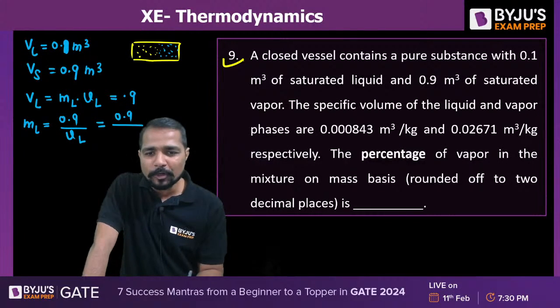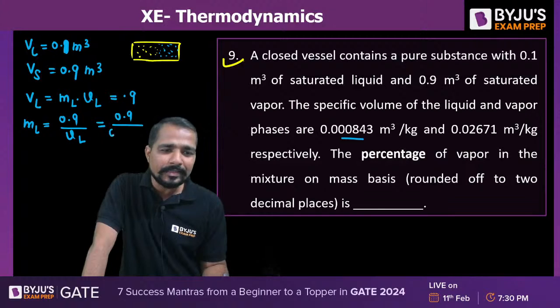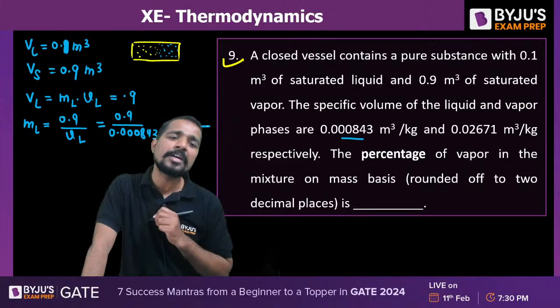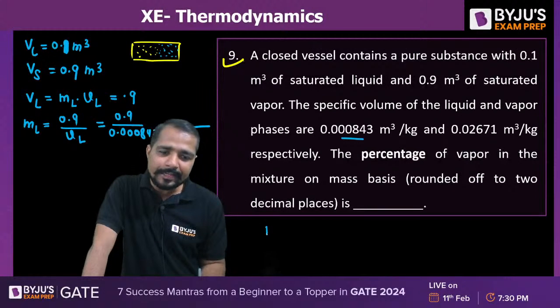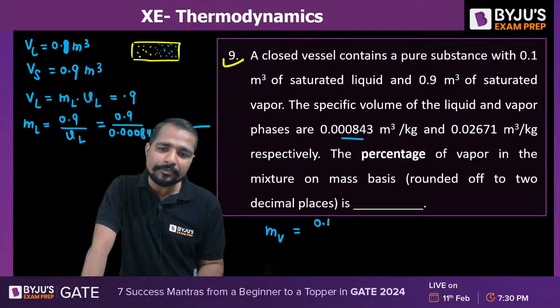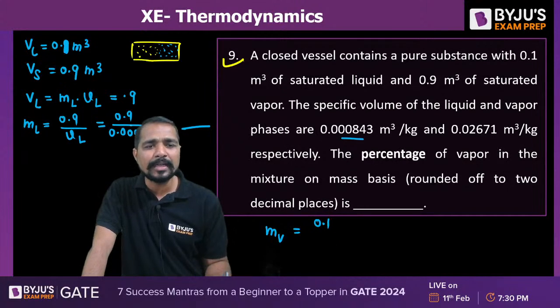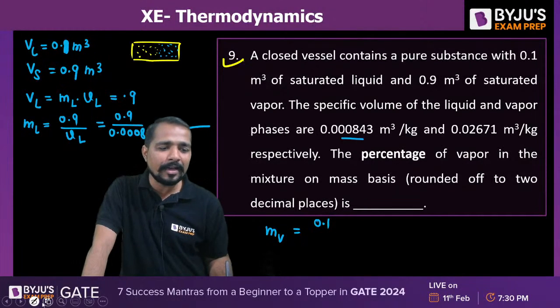What is the specific volume of the liquid? 0.000843. This one is the mass of liquid. Similarly, the mass of the vapor will be equal to 0.1 divided by... Again, मैंने फिर से उल्टा लिखा है. Yes, again I have written the reverse.